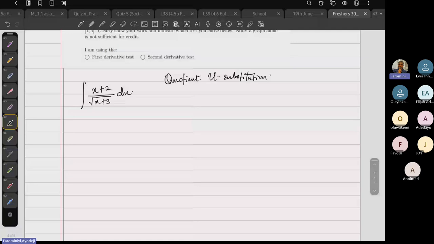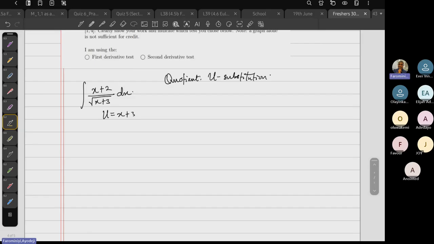That is the easiest way to think about this. The appropriate u for most fractions will be something related to the denominator. I said most, not all. There are many that are not the denominator. So here we say let u be equal to x plus 3.